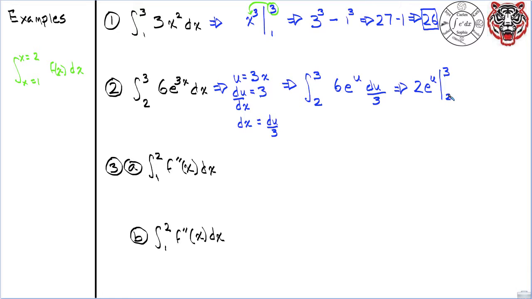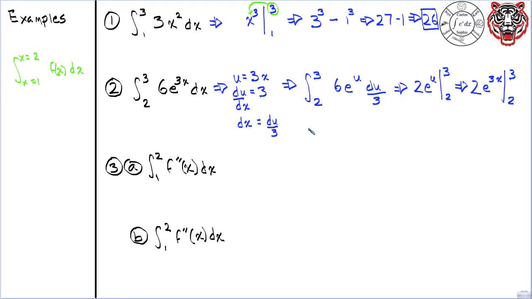But there's a problem here. As I said, these are x equals 2, x equals 3, so if I plug them in for u, I would get the wrong answer. So I need to undo subbing in for u. So this is going to turn into 2e, and it's no longer u, it's to the power of 3x. Now write the substitution bar, and then 2 to 3.